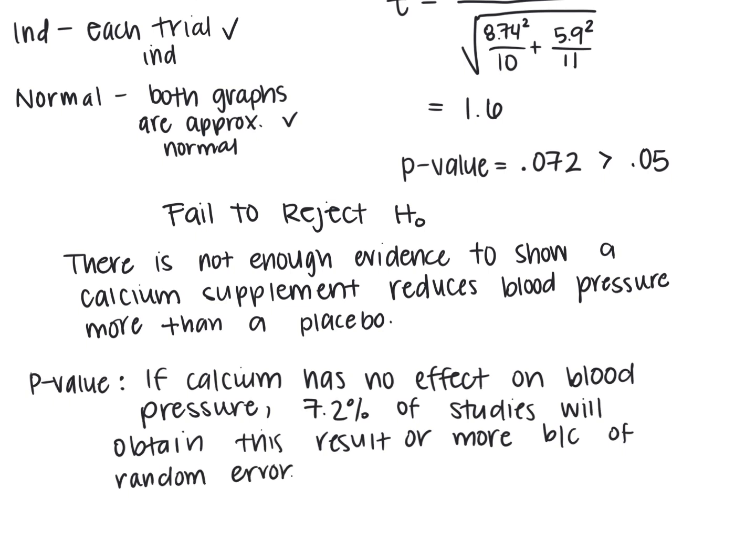So when you're interpreting a p-value, it's always based on your null hypothesis being true. You convert your p-value to a percentage, and then you do that in context of your alternative hypothesis, and then it's always because of random error.